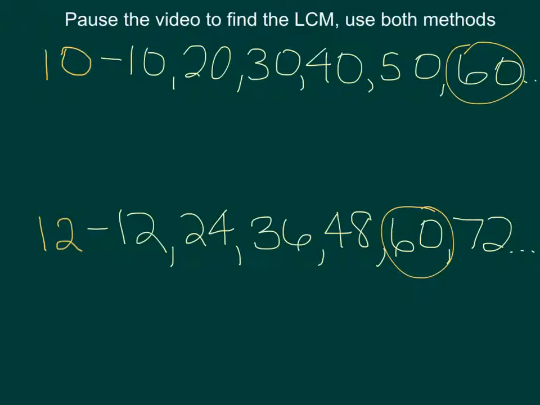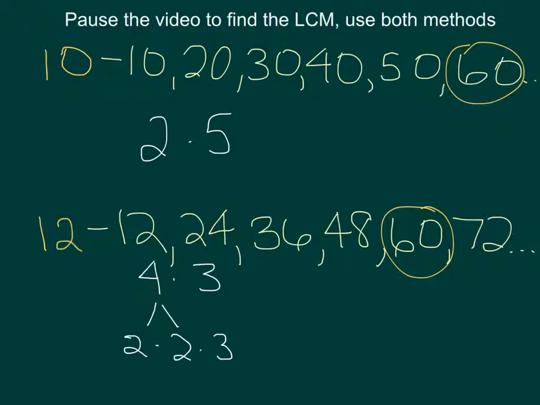The prime factorization of 10 is 2 and 5. The prime factorization for 12 would start out as 4 times 3, but then we know that the 4 breaks down into 2 times 2 times 3. From here, you have to determine which numbers to multiply.